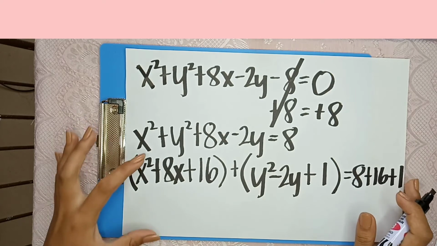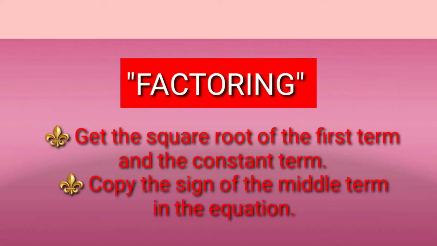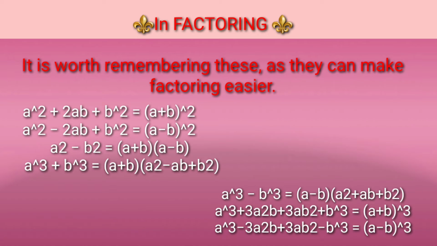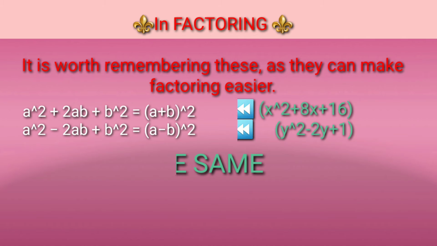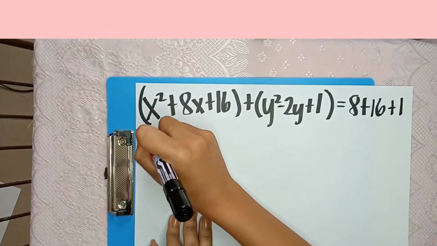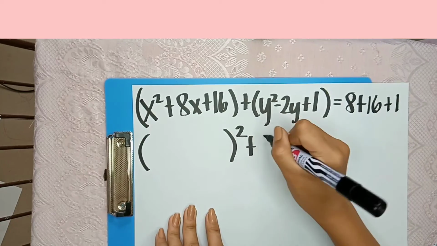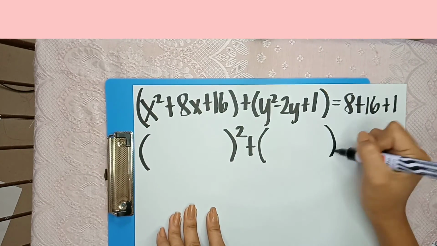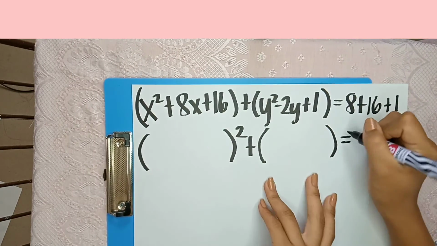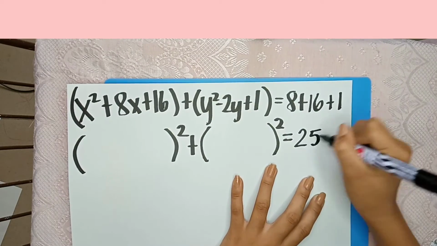The third step is factoring. What we have to do is put a parenthesis here, squared, plus a parenthesis for the y's, squared, equal to our radius squared, 25.